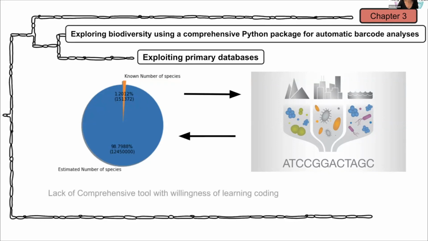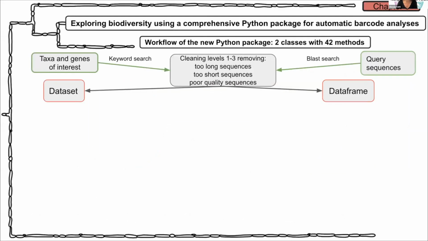And since there is a lack of a comprehensive tool for the study of barcodes, and with a willingness to learn how to code in Python, I decided to develop a new Python tool subdivided in 2 classes and 42 methods.